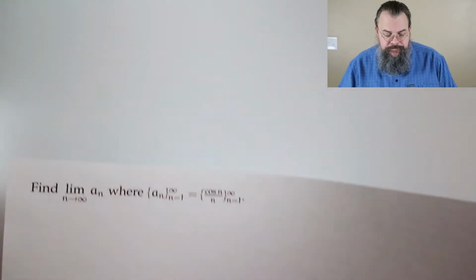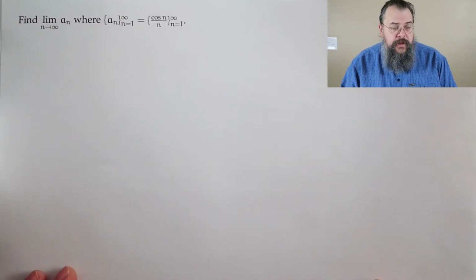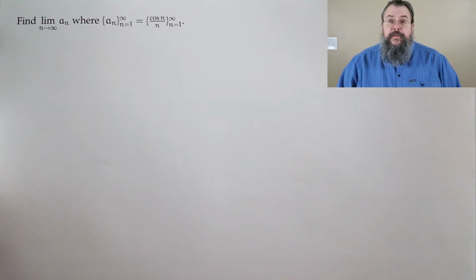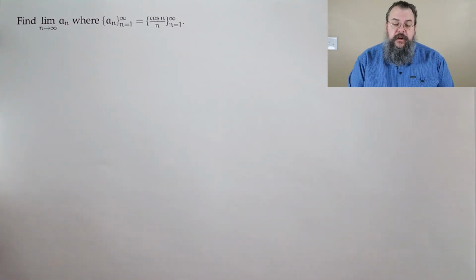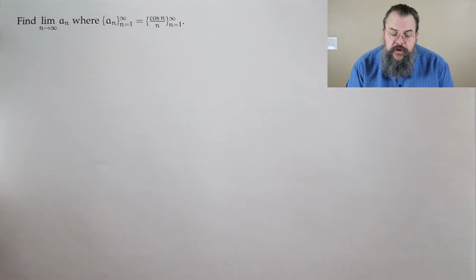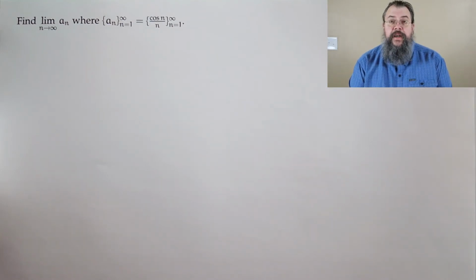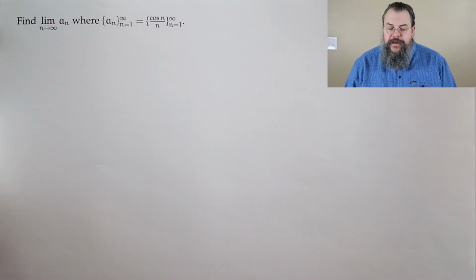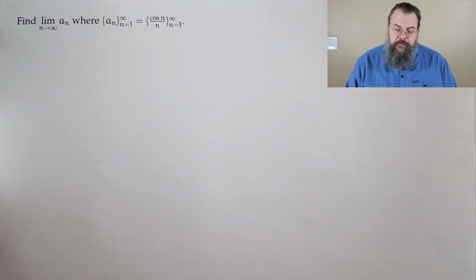Good. Let's do another problem. Find the limit as n goes to infinity of a sub n, where a sub n is cosine n divided by n. Now what can we do?